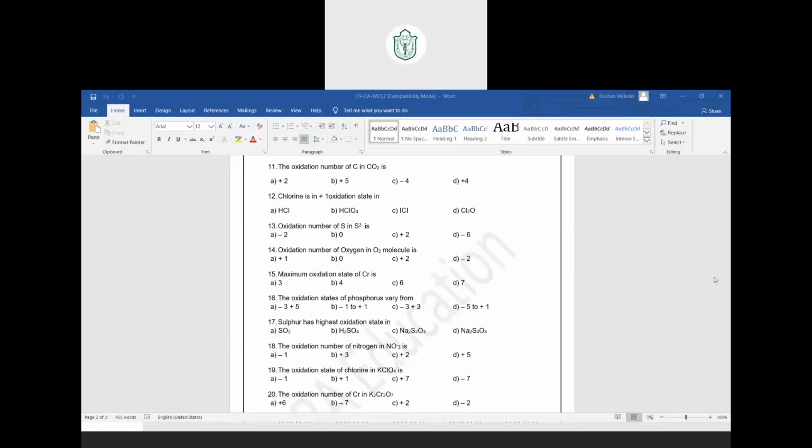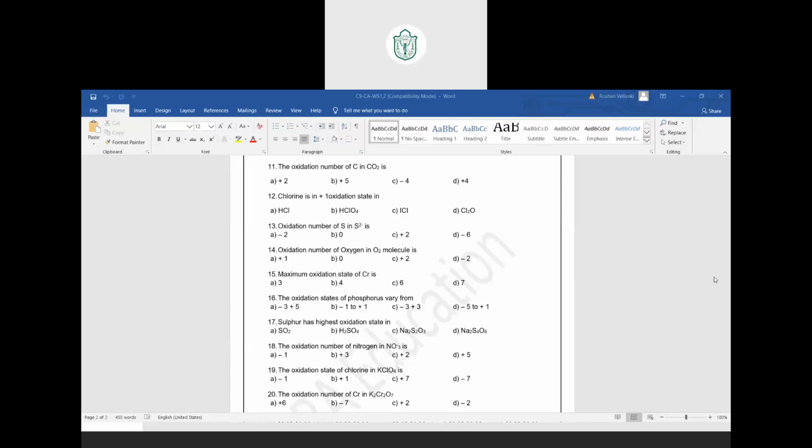Let's take PH3. Which is more electronegative, whether phosphorus or H? Phosphorus is more electronegative. That means it gains all the 3 electrons from 3 hydrogen atoms. So it will get -3 oxidation number, right? In PH3, phosphorus gets -3. In PCl5, we have 1 phosphorus and 5 chlorines. Which is more electronegative in this case, whether phosphorus or chlorine?